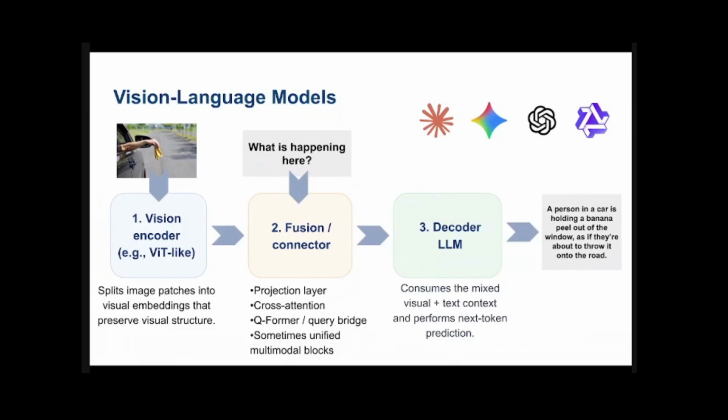Then the very important part is the fusion or connector, the part that actually serves this encoded image to the actual text part. And this can be done via a variety of mechanisms, some projection layers like cross attention, query bridges, sometimes unified processing blocks. And once this information is injected into the LLM, we have the very classic LLM decoder block. And the output is, as in normal LLMs, the text.